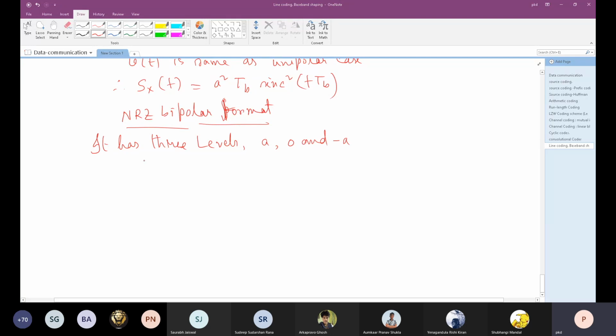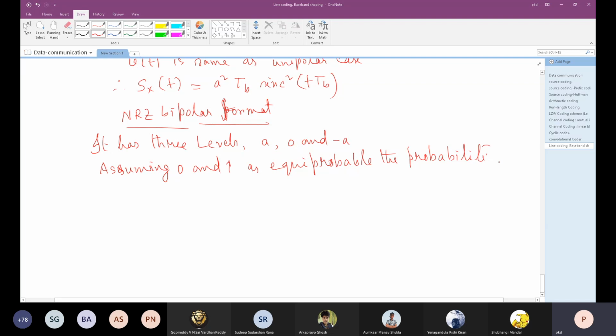A0 and minus A. Again, assuming 0 and 1 as equiprobable, the probabilities are P(AK) equal to 0 equal to half.